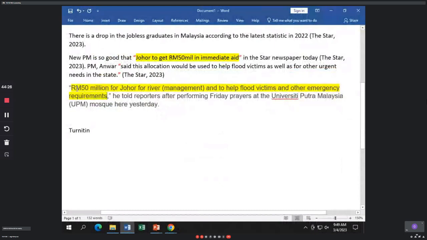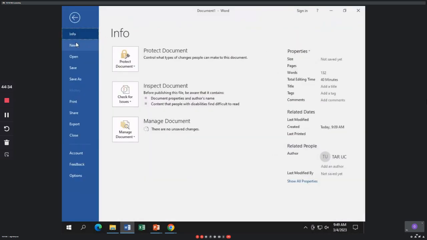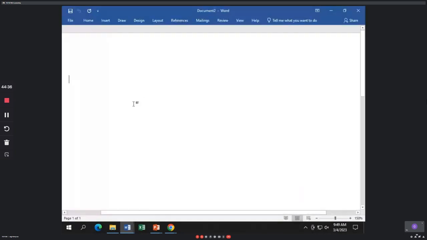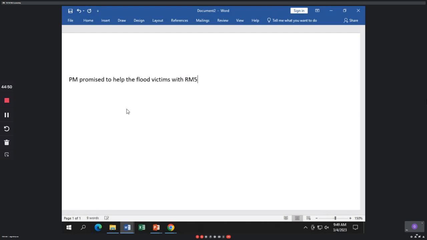Paraphrasing means you understand this, that they have 50 million to help the flood victims urgently. So you understand this, then close it, open up a new page, and you write it using your own words. For example, PM promised to help the flood victims with 50 million, especially for emergency purposes.